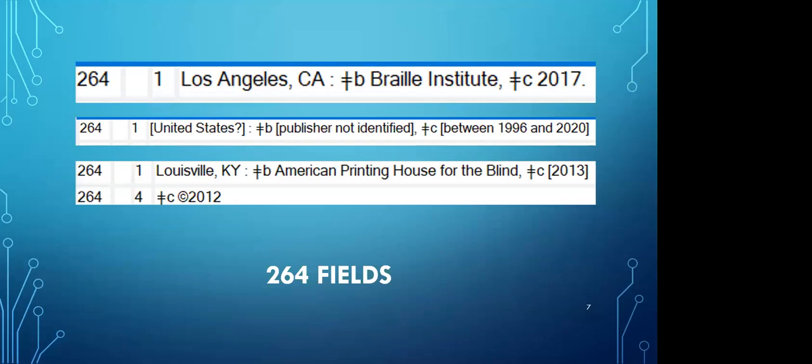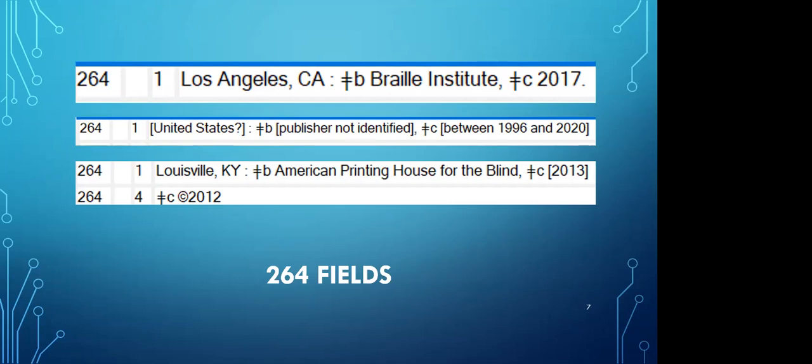Okay, let's talk about the 264 fields. So the 264 field is production, publication, distribution, manufacturing, copyright notice, and it can vary depending on what information is on the item. So 3 different examples of Braille books are shown here. The first example shows a place of publication, the publisher, and a publication date of 2017.